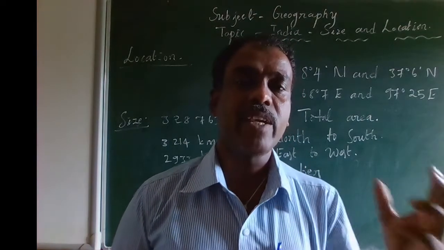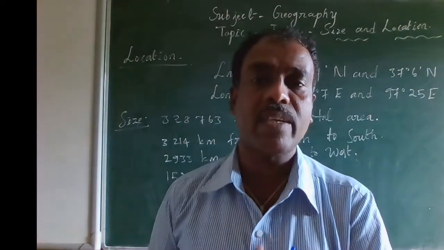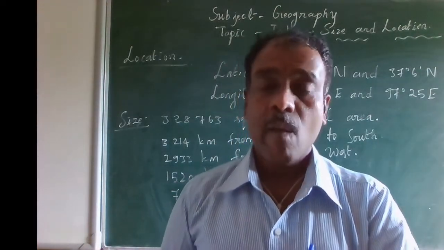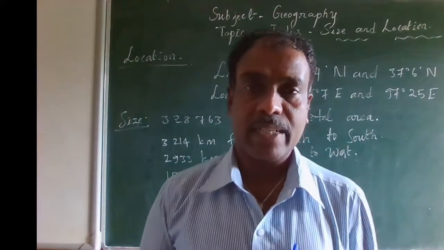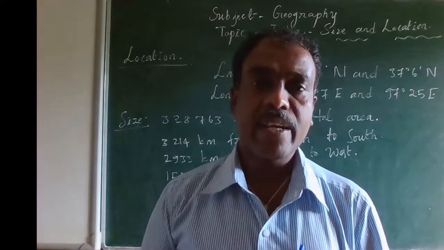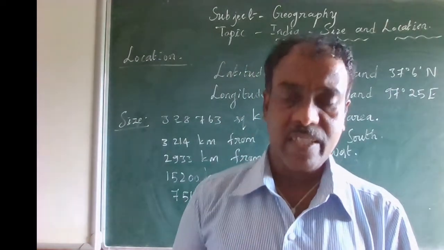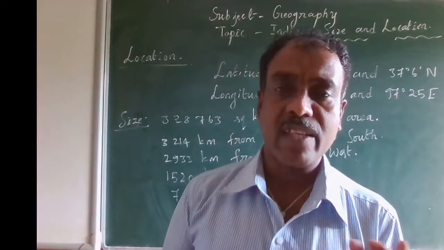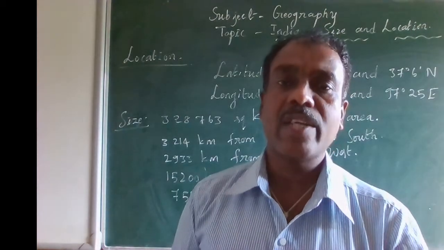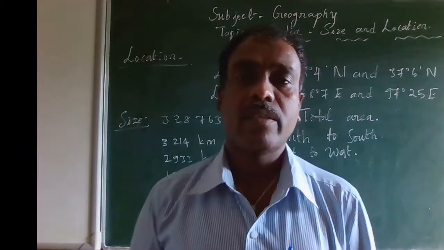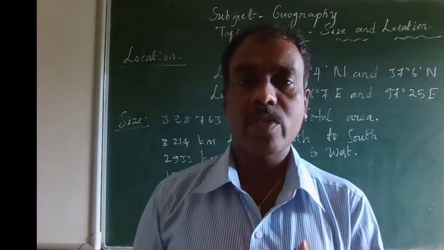It's completely bounded by these. These Himalayan ranges are fold mountains, and in the west it is covered by the Arabian Sea, in the east there is the Bay of Bengal, and to the south there is the Indian Ocean.